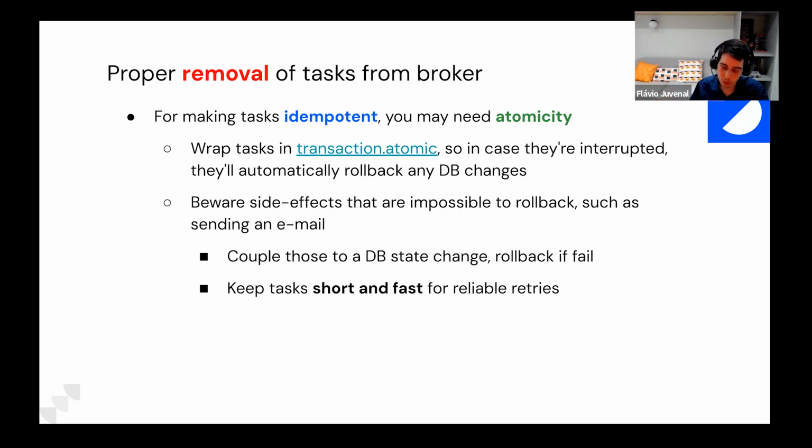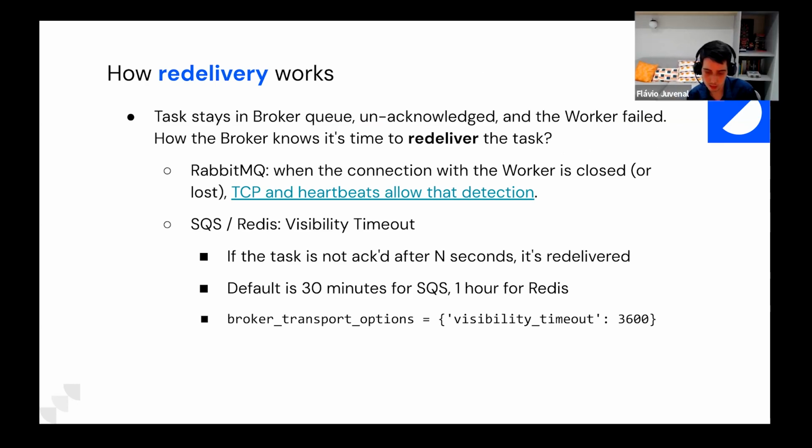And you can also keep tasks short and fast for reliable retries. If you reduce the amount of code in your tasks, it will make it much easier to have those tasks retriable.